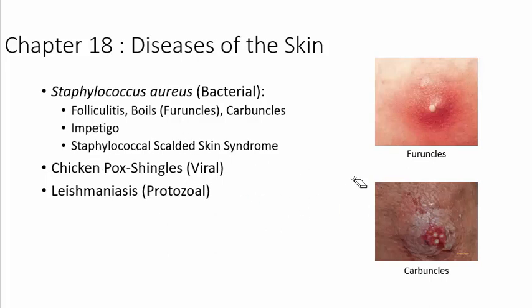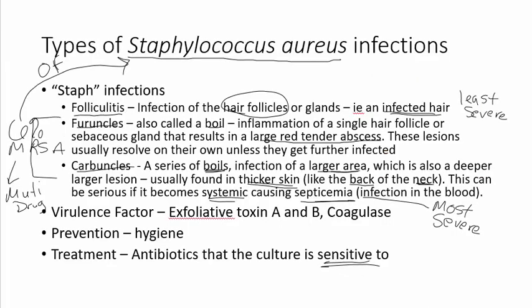So that was a serious carbuncle infection. And so there's a table in your study guide, and that's what you need to fill out, some of the information about the virulence and the severity, the prevention, and the treatment for this.